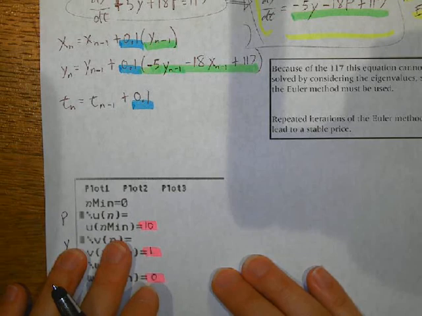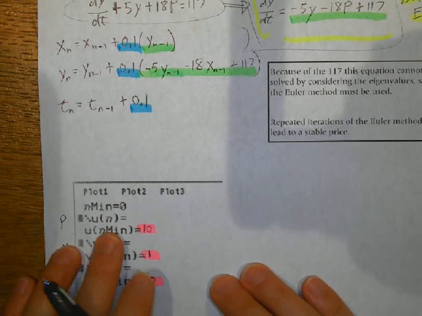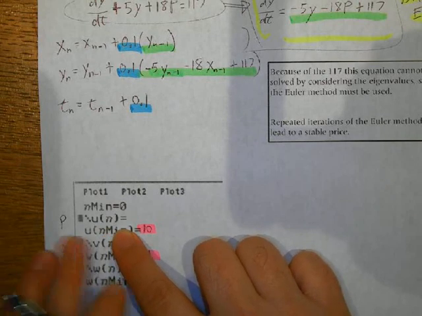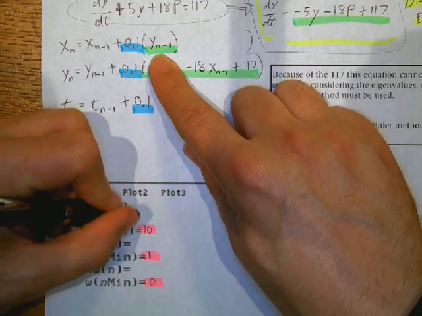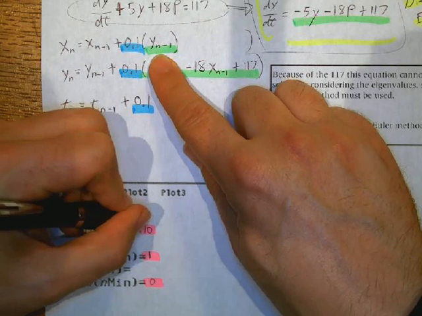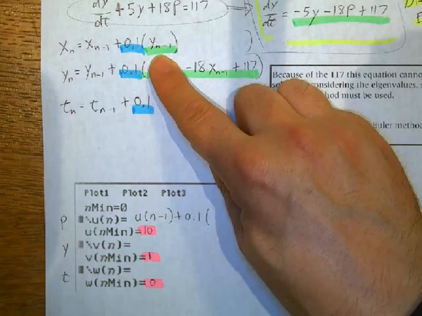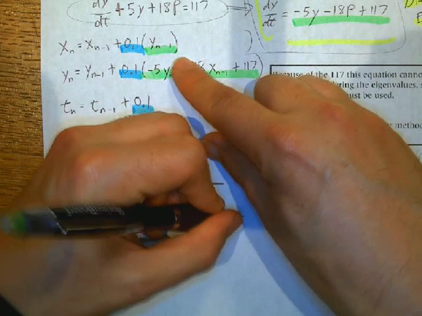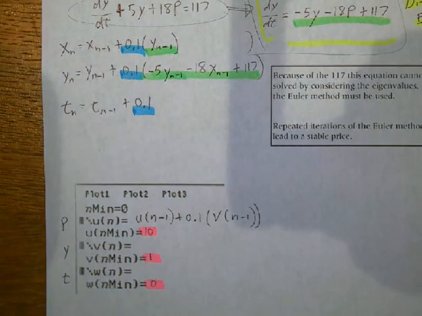Okay, and then let's write in our equations here. For p, we're going to use this equation here: u(n-1) + 0.1 v(n-1).